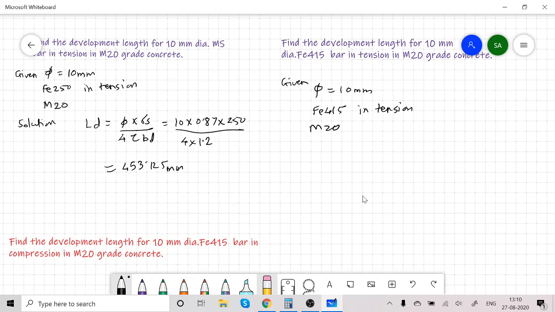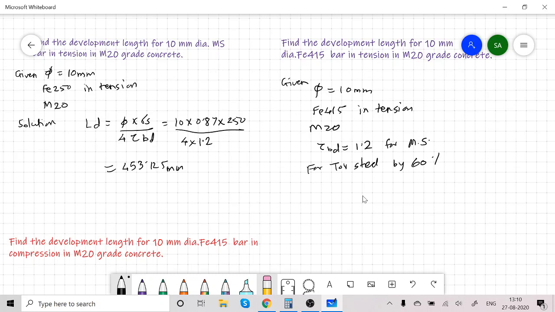For M20, for bar in tension, tau BD value is 1.2, but this is for mild steel. For tor steel, we must increase this value by 60%.